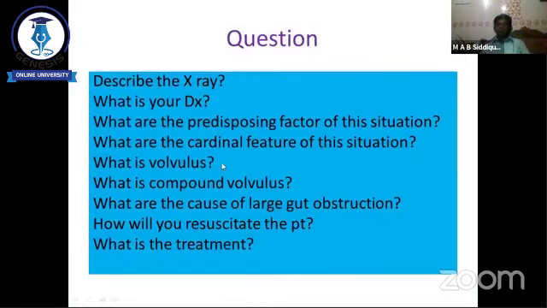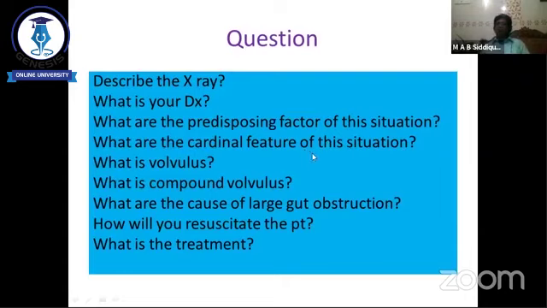So what is volvulus? What are the cardinal features of this situation? The cardinal features are the same, but you mention abdominal distension, constipation, pain, and lastly vomiting, which is usually a late feature.